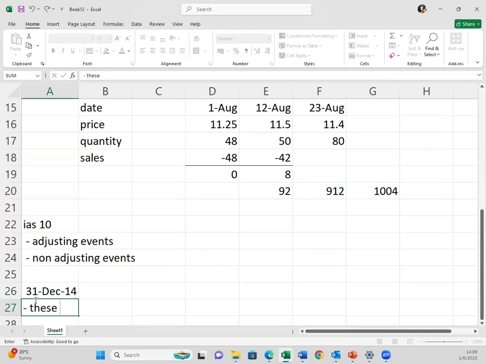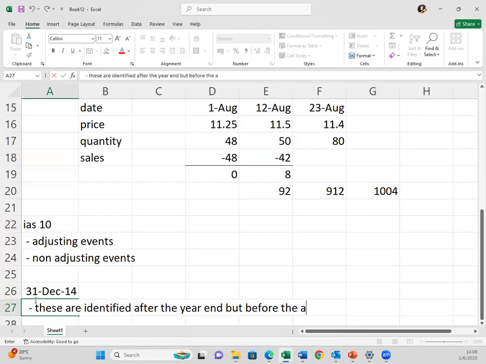So these are identified after the year end, but before the accounts have been signed by the auditors.